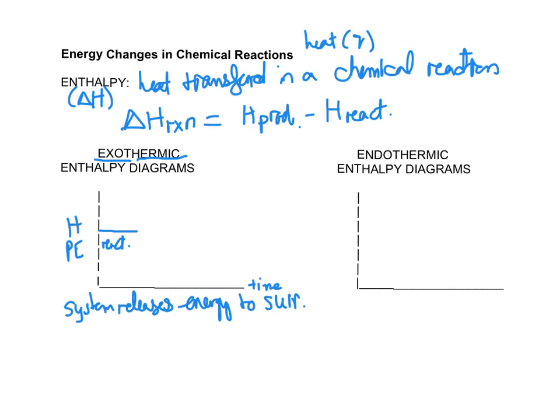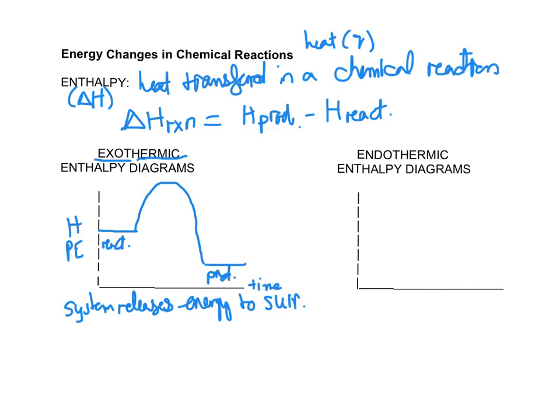So let's say my products are right here. And again, if you know what your products are, like in my example of magnesium and oxygen, then in the products I would write MgO, as opposed to the word products. Now we remember from last year that it doesn't go directly downhill like that. It goes up in a little hill and then it goes down.